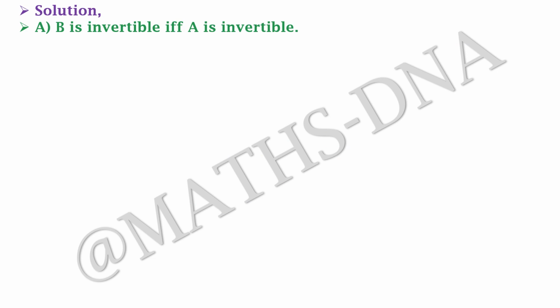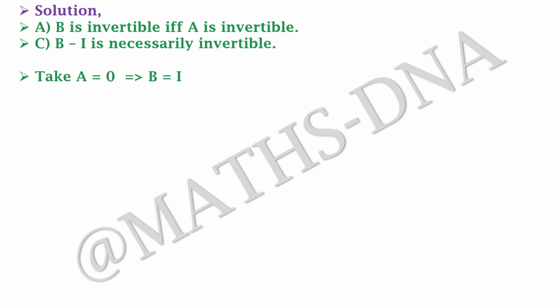Now let us verify it. Option A says that B is invertible if and only if A is invertible, and option C says B minus I is necessarily invertible. Now let us take A equal to the zero matrix. This gives us B equal to the identity matrix, because B was I plus iA. Now if A is 0, then B has to be the identity matrix.